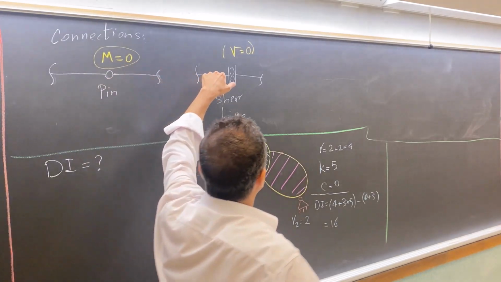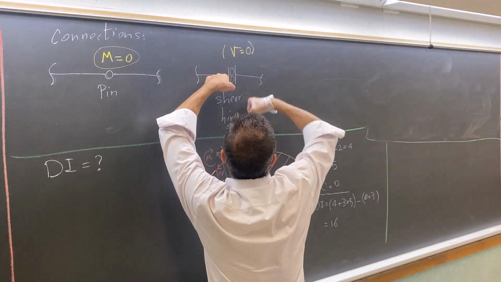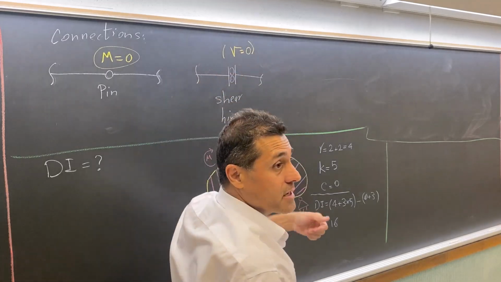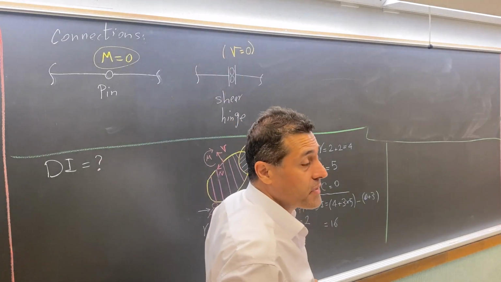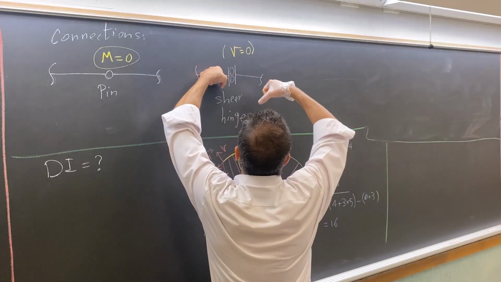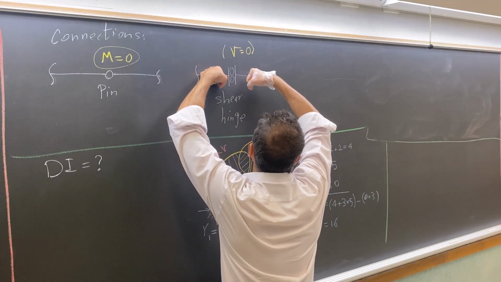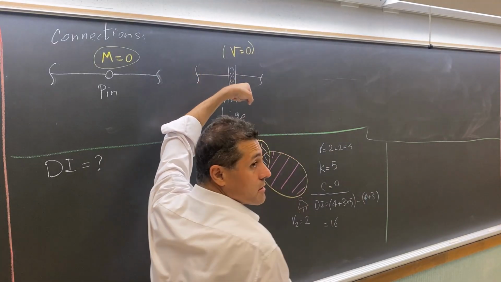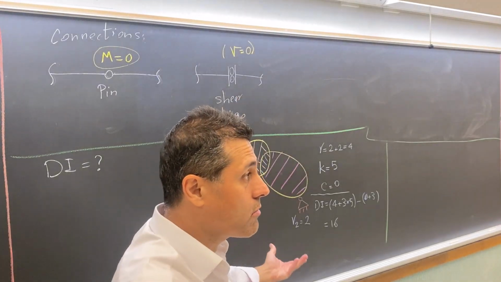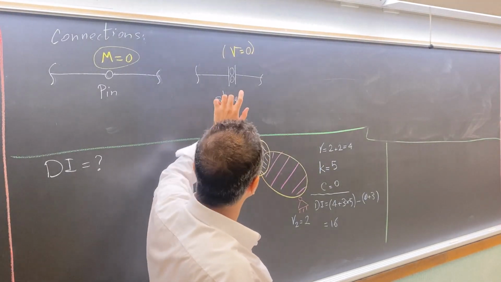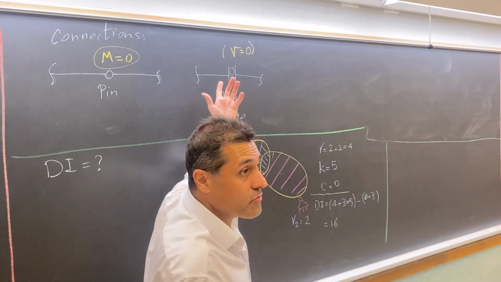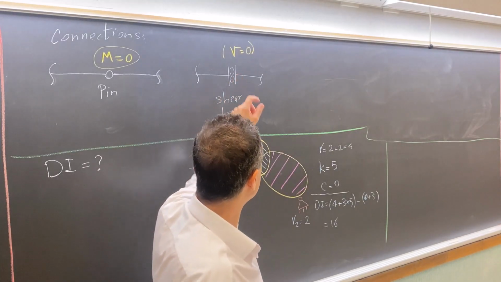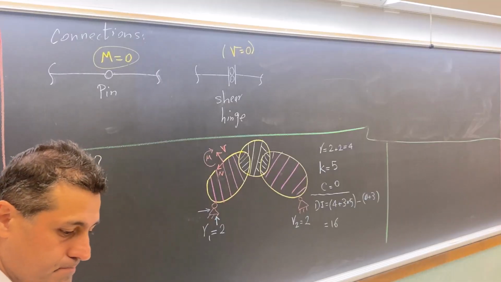Here, I can easily move it upward and downward. There is no resistance, so shear force is 0. Can I hold one side and pull the other side horizontally? No. So we cannot say N is 0. So we have only one condition equation here.